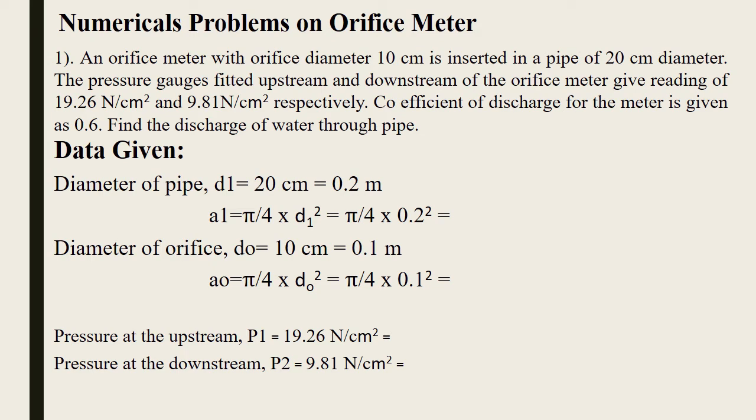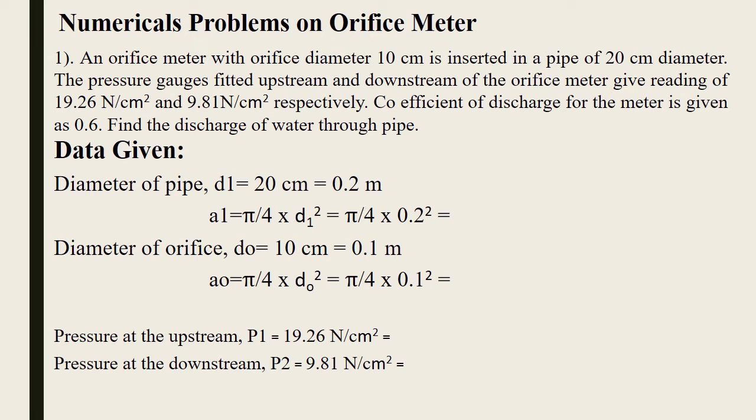So for orifice-related data I will suffix 0, and for pipe-related data I will take 1. So the orifice diameter is 10, so D0 is equal to 0.1 meter. It is inserted in a pipe of 20 centimeter diameter. So for the pipe it becomes 1. So D1 is equal to 20 centimeter or 0.2 meter.